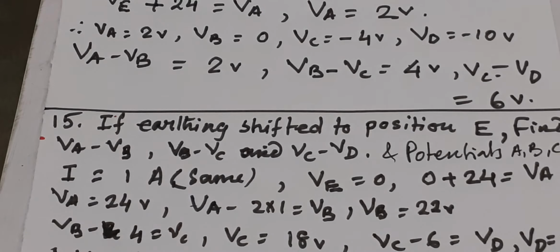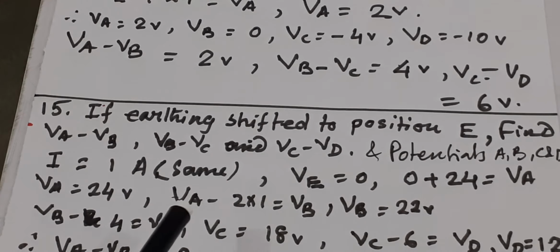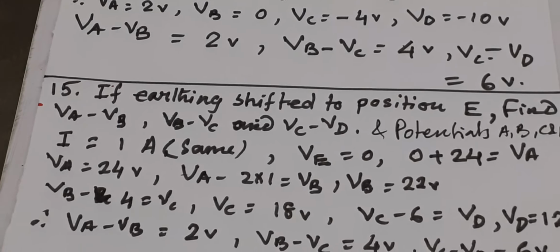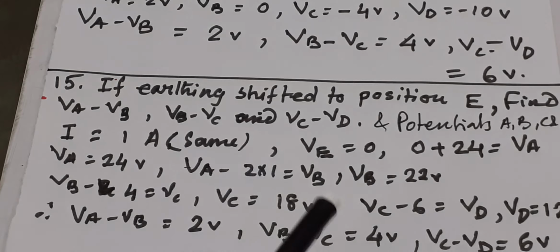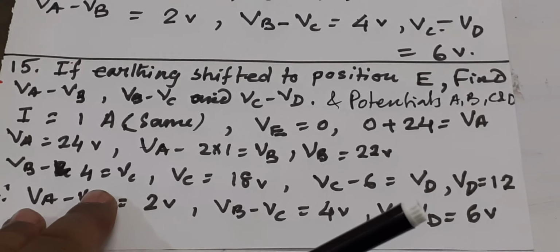Then from VA to VB, VA minus whatever drop, that will give VB. So VB will come 22. Then VB minus drop, again 4 volt, then VC will come, that is 18 volt. Then VC minus drop will give VD. Then VD will come 12 volt.